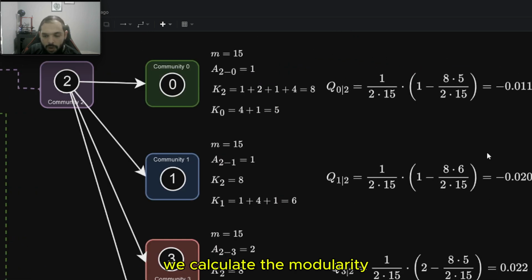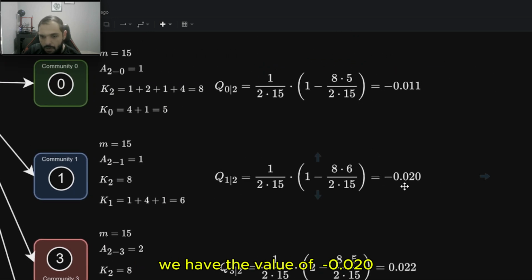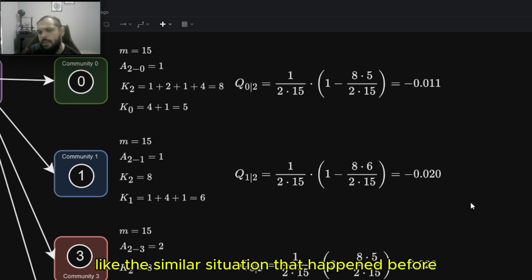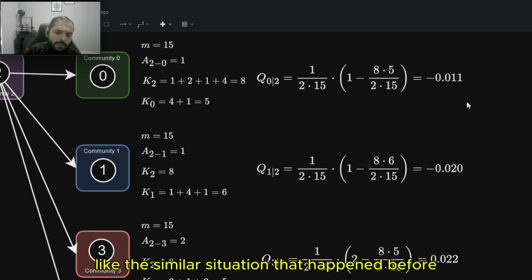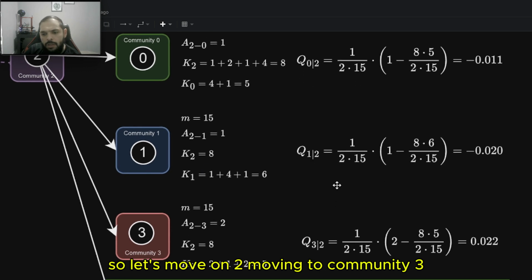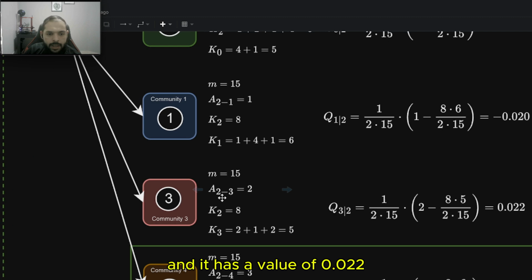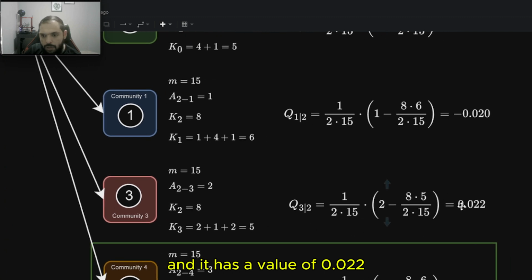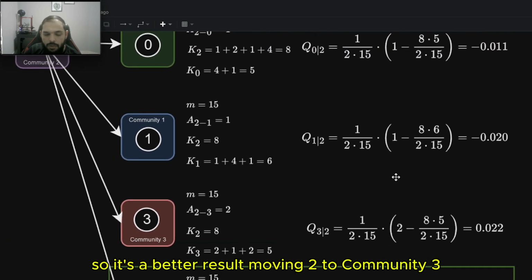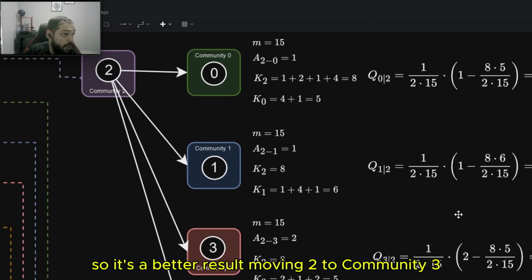We calculate the modularity, and we have the value of minus 0.020, similar to the situation before with 2 and 0. So let's move on to moving to community 3, and it has a value of 0.022, so it's a better result moving 2 to community 3.